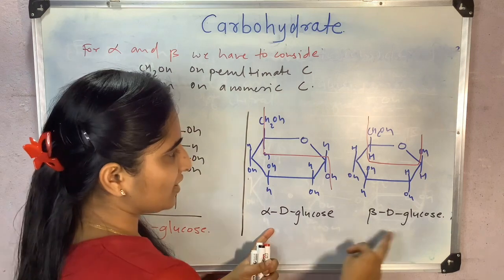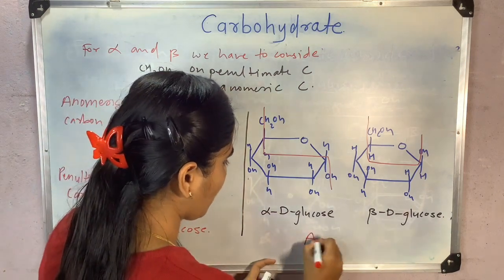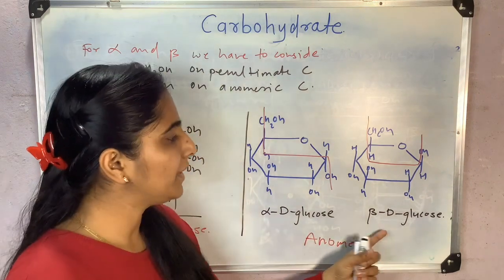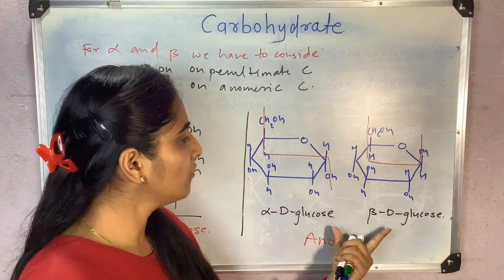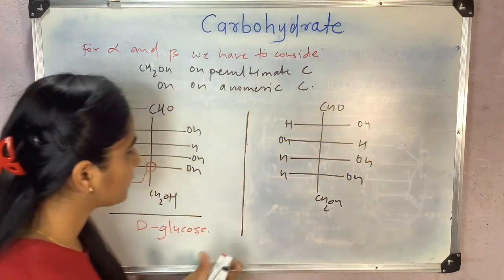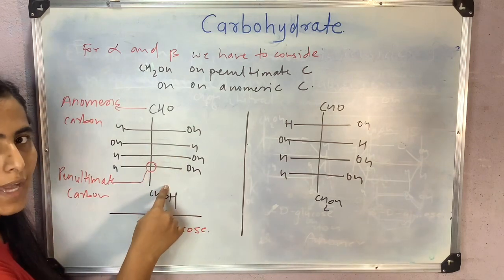These two structures are known as anomers. Anomers are what? Alpha and beta configurations of the same molecule are anomers. Suppose this is a molecule with more than one chiral carbon.